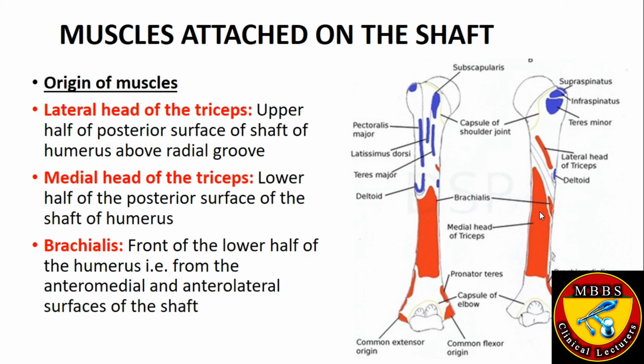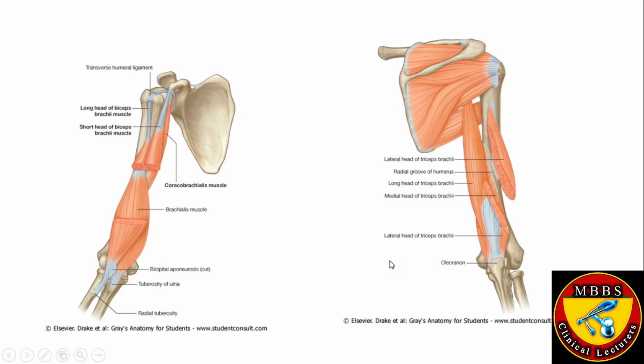The brachialis arises from the front of the lower half of the humerus, that is from the anteromedial and anterolateral surface of the shaft. You see here the brachialis muscle.